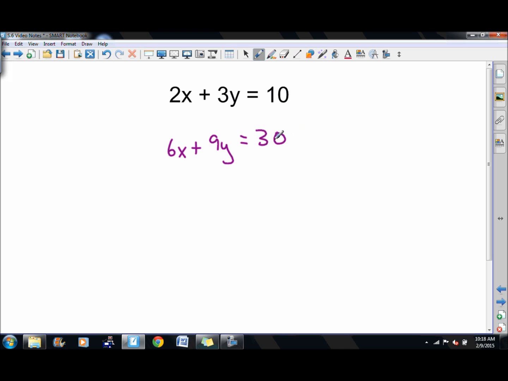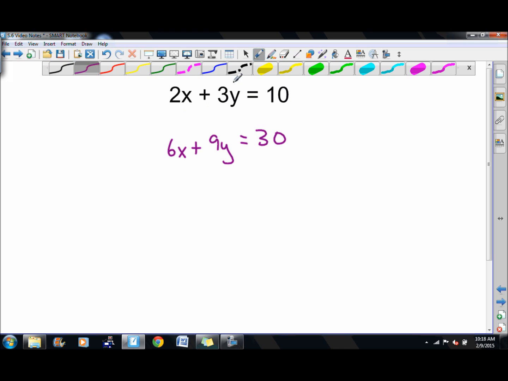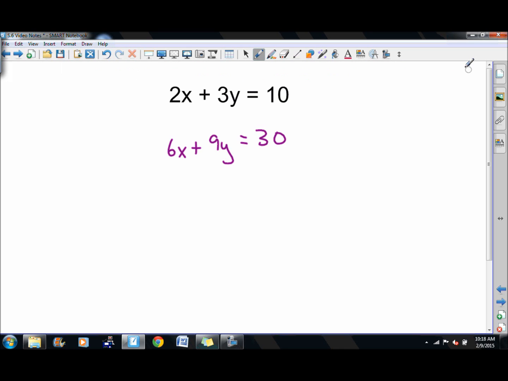This is still the same equation as the equation above. And if I took the top equation and I multiplied everything times -2, and I got -4x minus 6y is equal to -20, this is still the same equation. These two, the purple and the red, are the same.